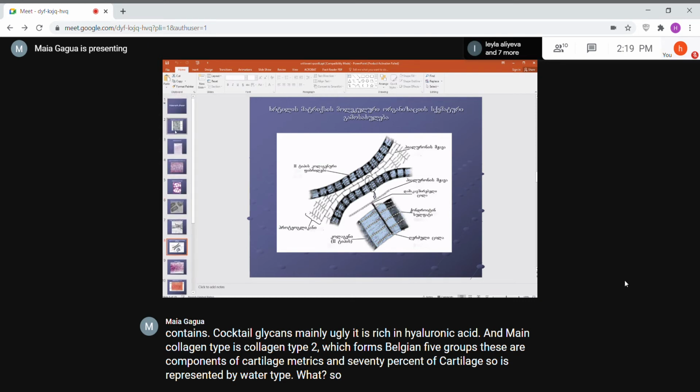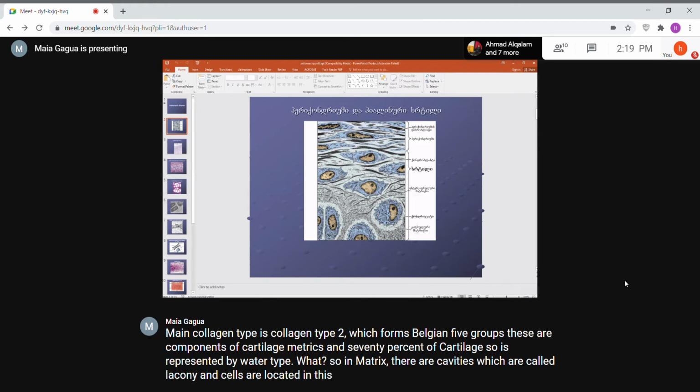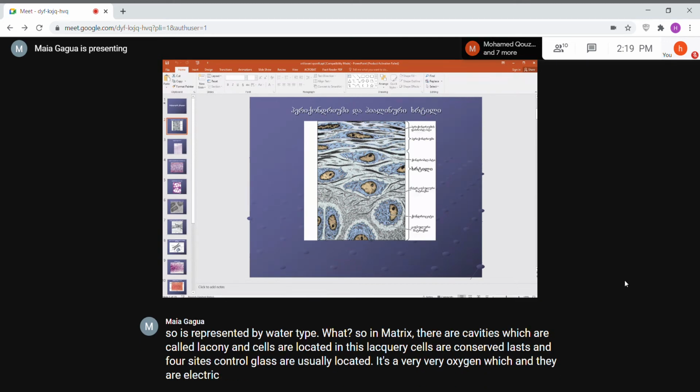So in matrix, there are cavities which are called lacunae, and cells are located in these lacunae. Cells are chondroblasts and chondrocytes. Chondroblasts are usually located at the periphery of the cartilage, and they are elliptic in shape, and they are parallel to the surface of the cartilage.